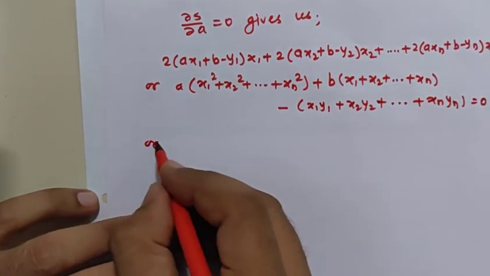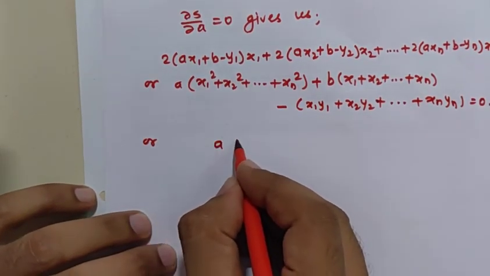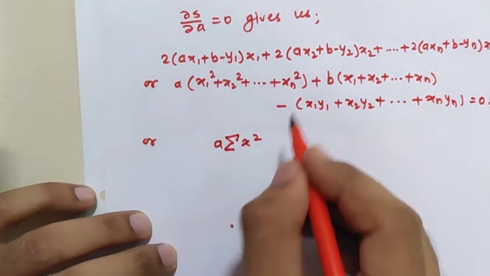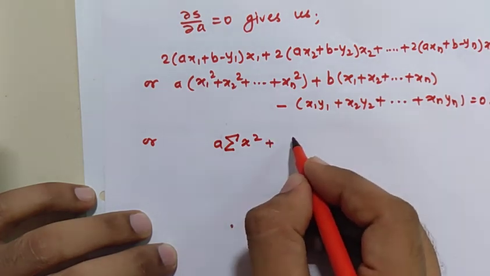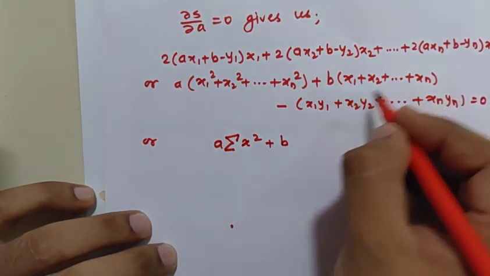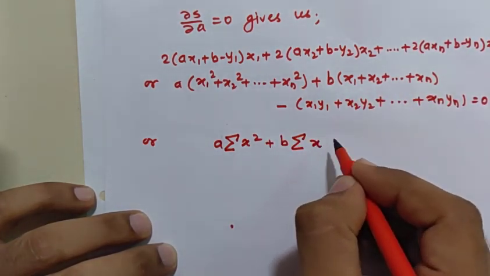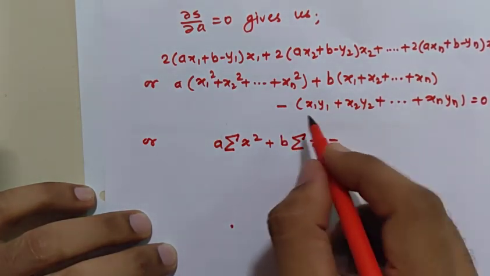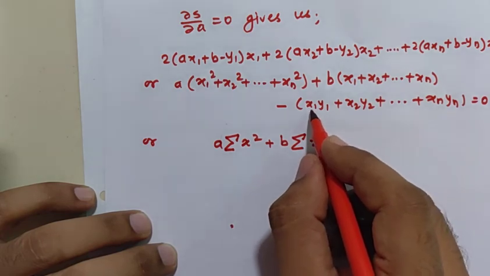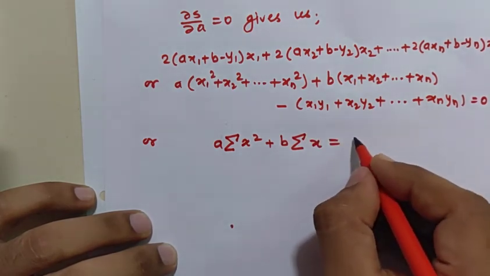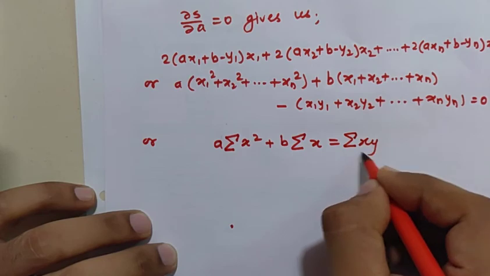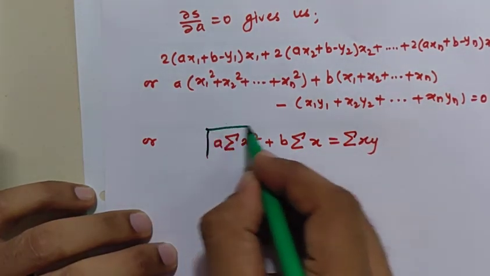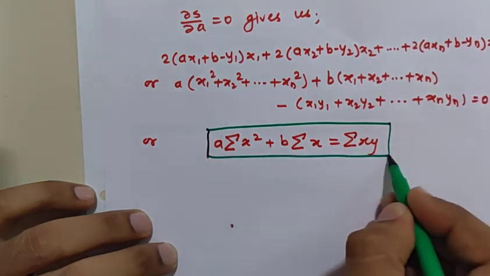This may be written as a summation x square, which represents the summation of x square terms, plus b summation x is equal to, taking this term to the right hand side, summation xy, which represents the summation of the product of xy terms. Call this equation 2.